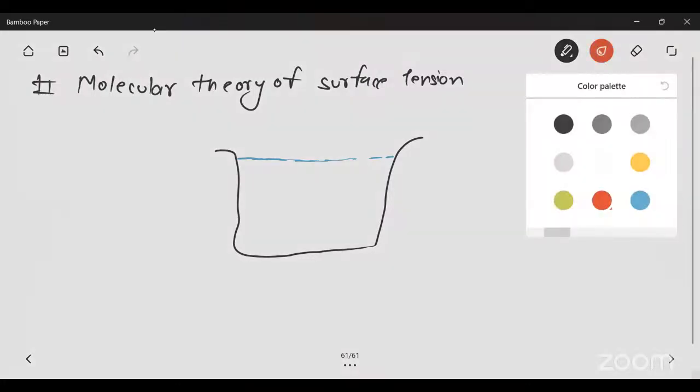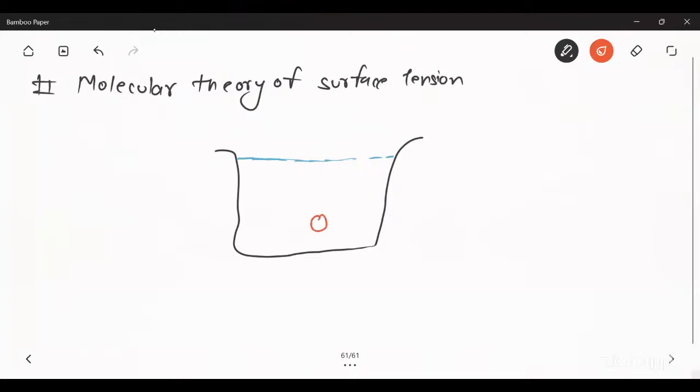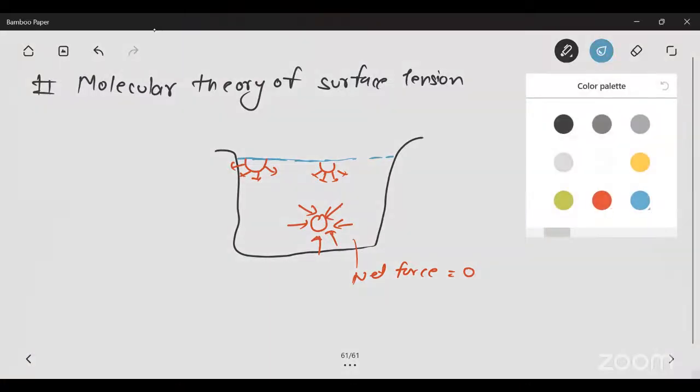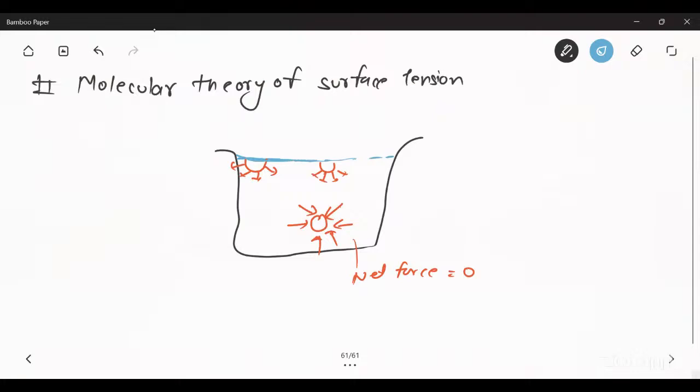So if a molecule is in the bulk of a liquid, the force acts on it from all directions, so the net force on that molecule will be zero. But if a molecule is on the surface, it will experience a net downward force, due to which the upper membrane of a liquid behaves like a stressed membrane.